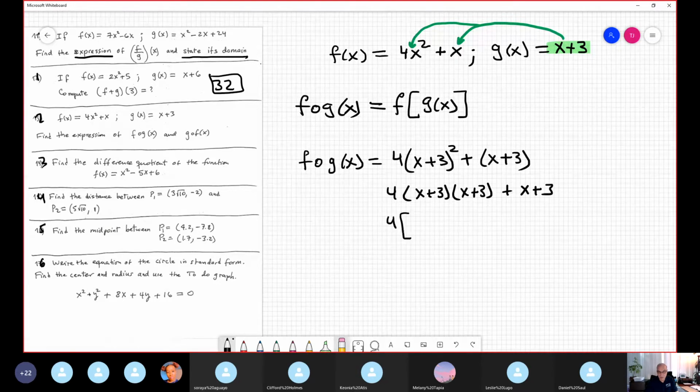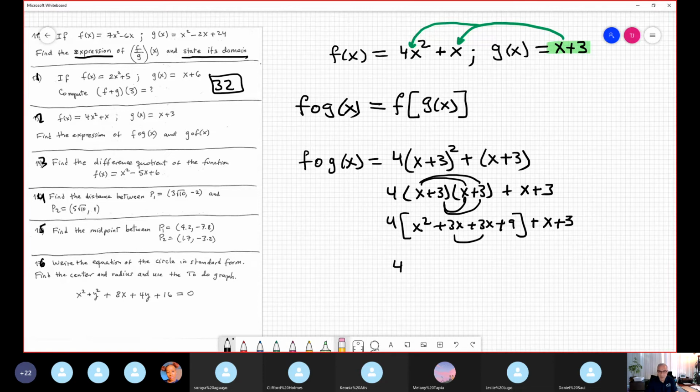So 4 bracket 4x squared plus 3x plus another 3x plus 9, plus x plus 3. Now you combine like terms here, 4 bracket x squared plus 6x plus 9.